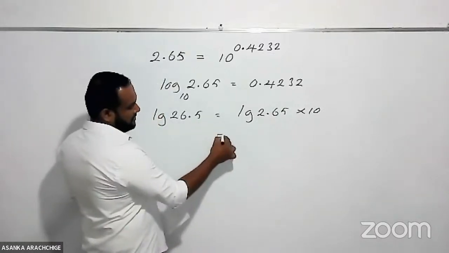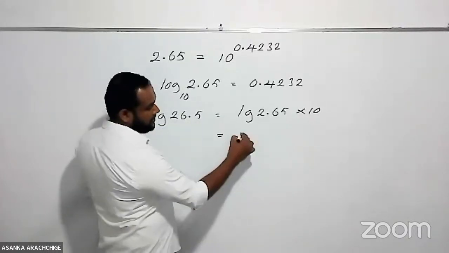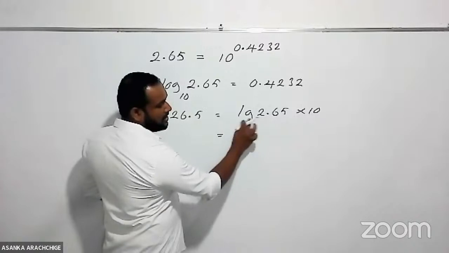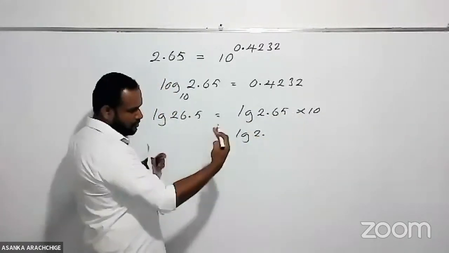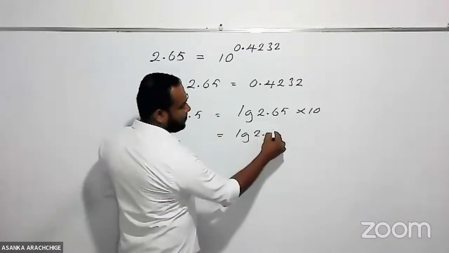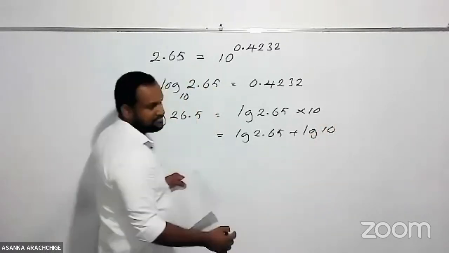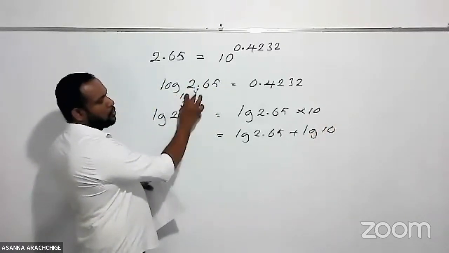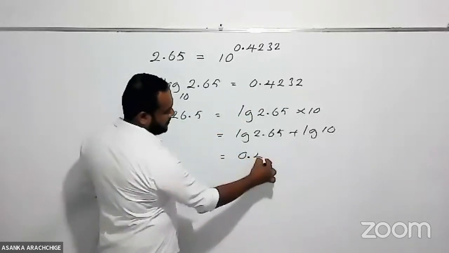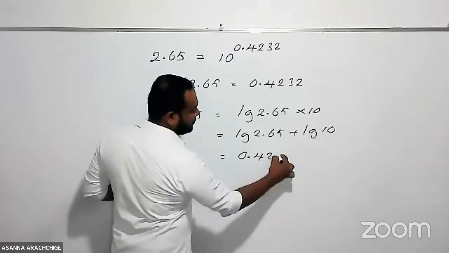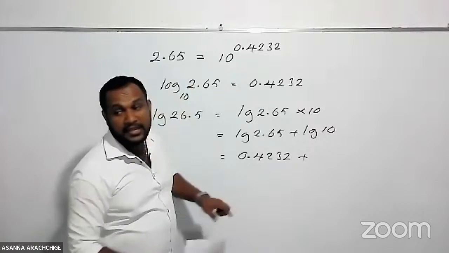Then you can apply the logarithmic law here. This is a logarithm of a product. You can write it as a sum of two logarithms: LG 2.65 plus LG 10. LG 2.65 is 0.4232. Tell me, what is LG 10?